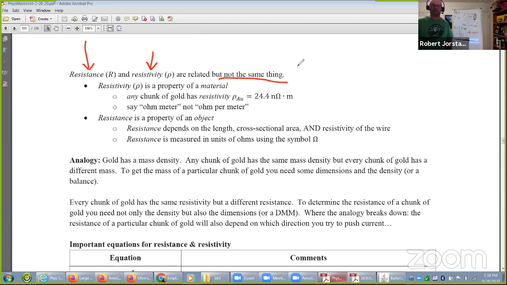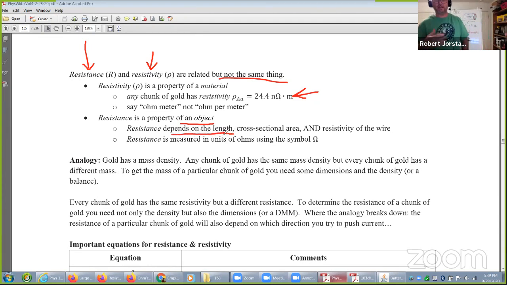Resistivity is a property of a material. Resistance is the property of an object. What do I mean by that? A chunk of gold, and any chunk of gold has the same resistivity, just like every chunk of gold has the same density. It's the density of gold. Whereas resistance depends on the shape.